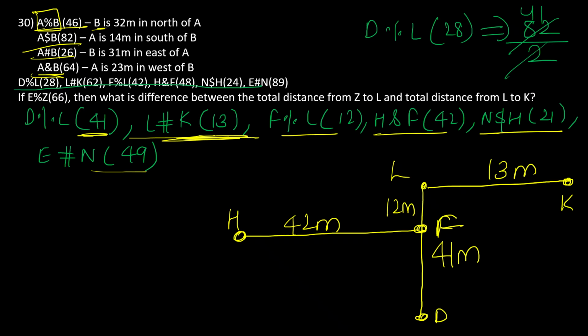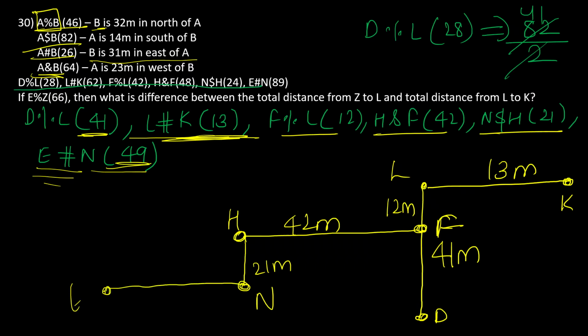Next, $H. $H means N is to the south of H by 21 meter. This is N. E#N means N is to the east of E by 49 meter.